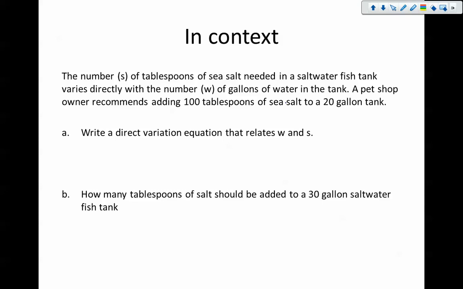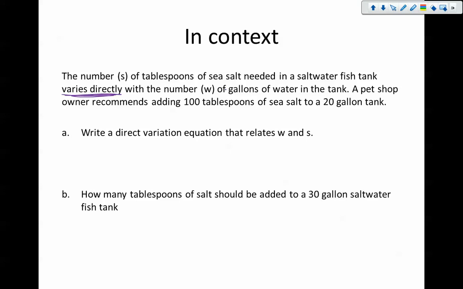Here we have the number of tablespoons, S, of sea salt needed in a saltwater fish tank varies directly, key term here, with the number W of gallons of water in the tank.